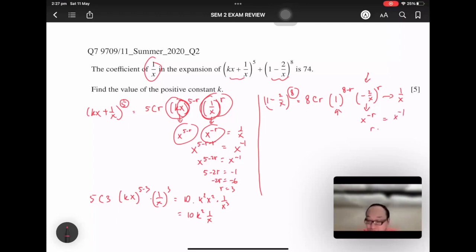So that means r equals 1. So we are looking for 8C1, 1 to the power of 8 minus 1, and (−2/x) to the power of 1, which equals 8 times 1 times negative 2 over x, equals negative 16 over x.